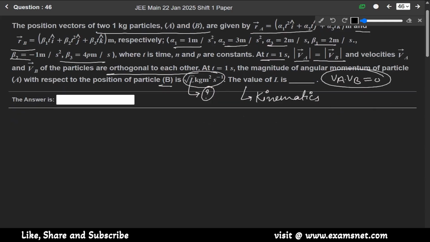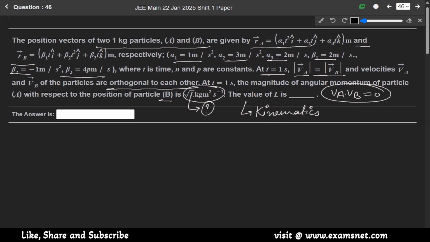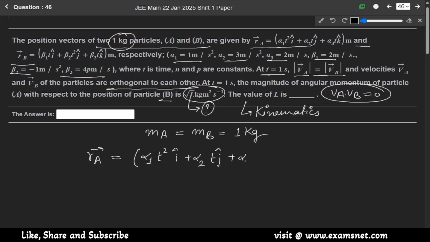According to the question, the mass is given as 1 kg, means mass of A is equals to mass of B. It is 1 kg. And we are given the position vector of A as alpha 1 T square iota cap plus alpha 2 T j cap plus alpha 3 T k cap.